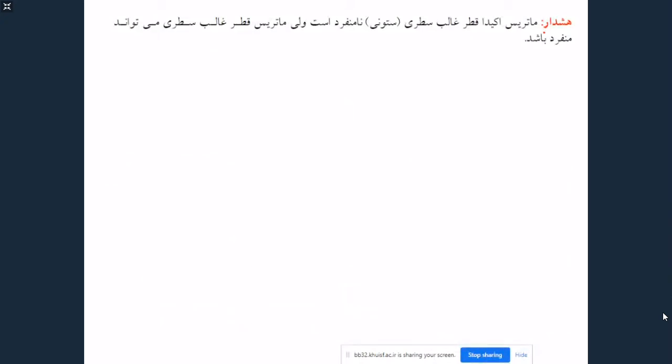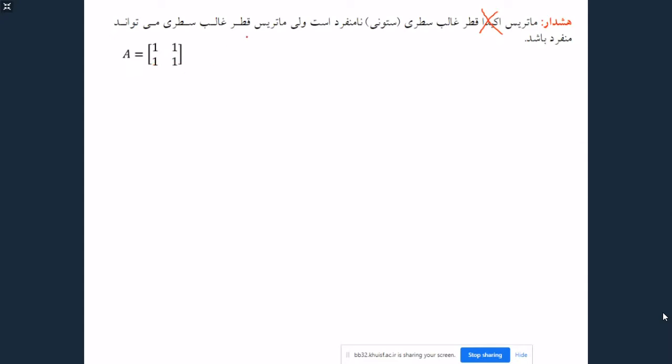We have a note here. A strictly row or column diagonally dominant matrix is non-singular. But if we drop "strictly", it can be singular. Consider this one: A equals 1, 1, 1, 1.